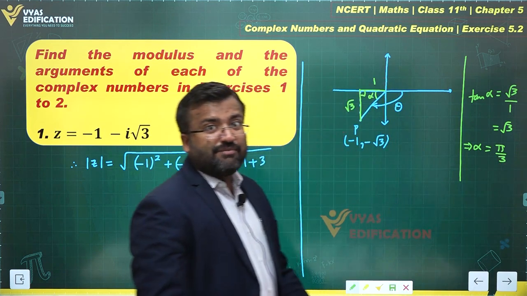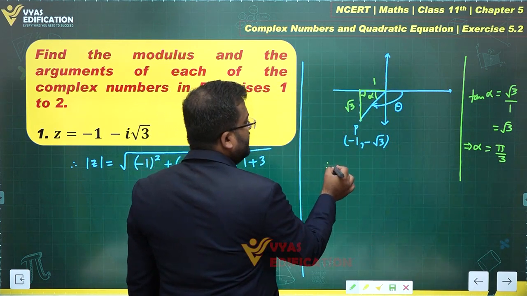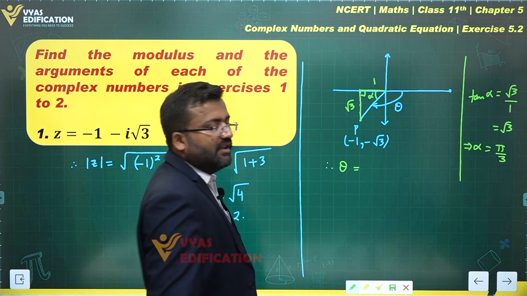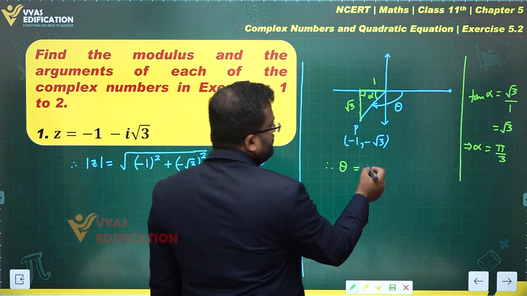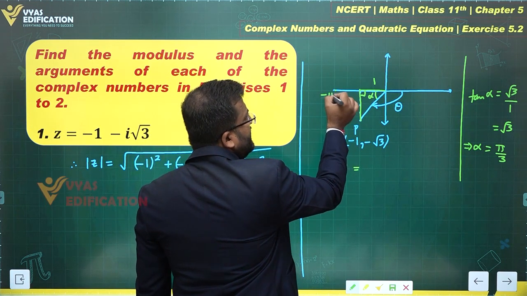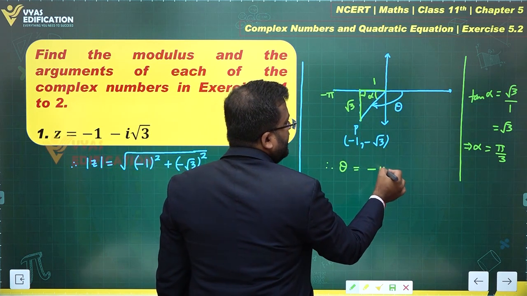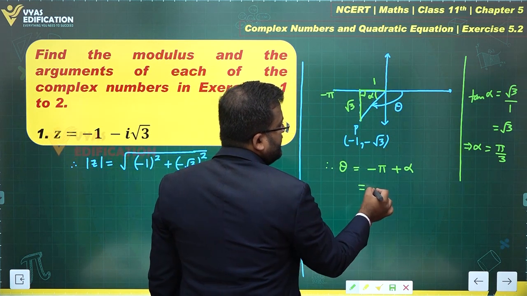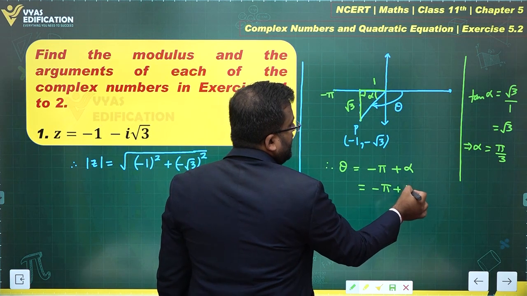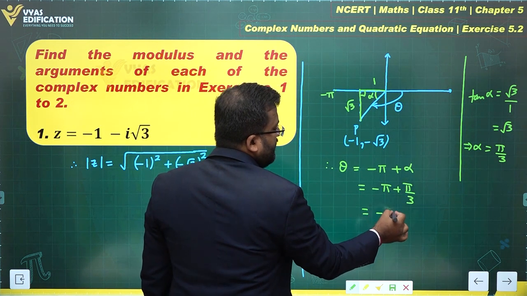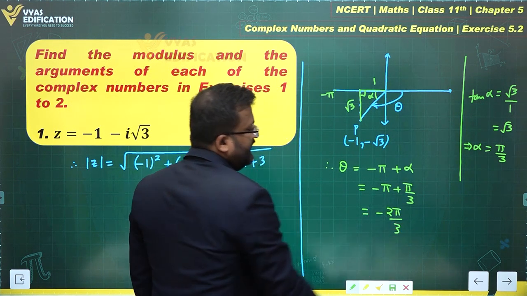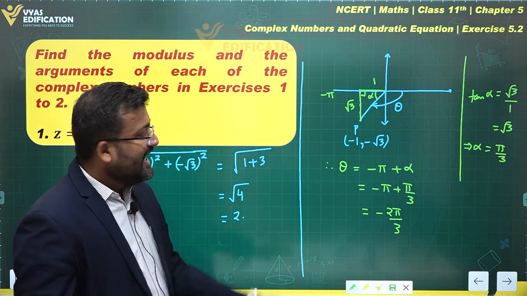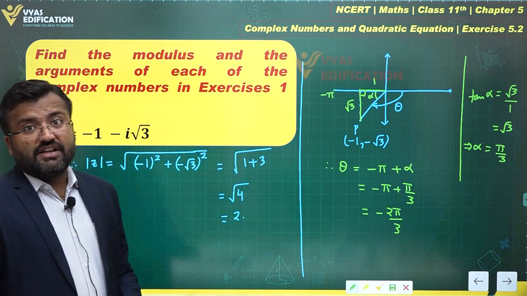Now since alpha is pi by 3, therefore theta becomes equal to what? Theta is simply, this is minus pi as well, minus pi plus alpha, which becomes equal to minus pi plus pi by 3, and that gives me minus 2 pi by 3. And yes, this is the argument of this complex number.